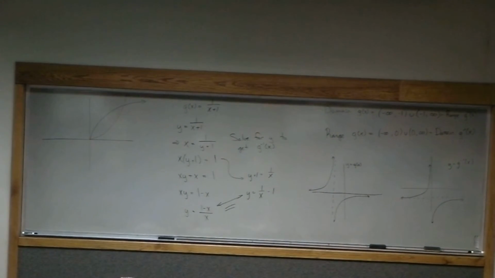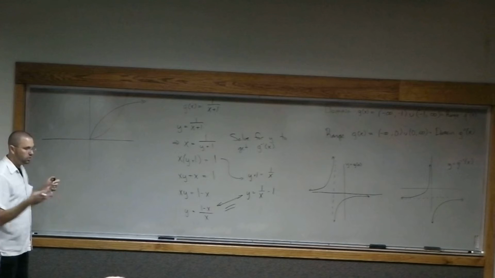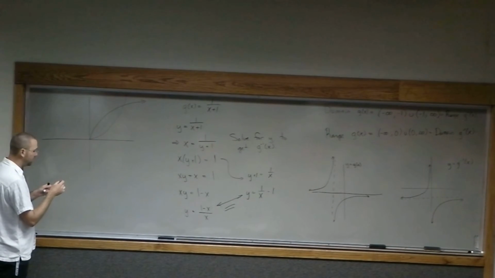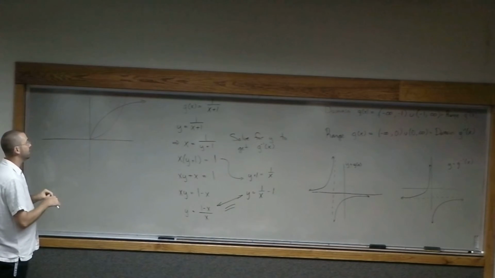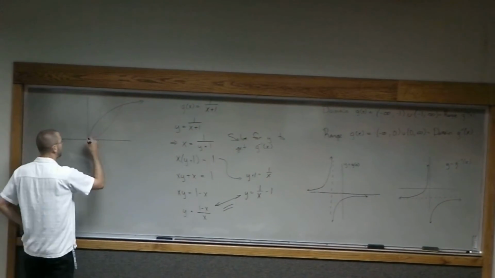One of the properties of inverses that is very nice is that if you're using graphs to identify whether a function has an inverse or not, it's sometimes difficult using that picture to identify what the inverse function graph is going to look like. But there's a nice property that all inverse functions have to obey that allows you to graph that if you can visualize things in the right way.